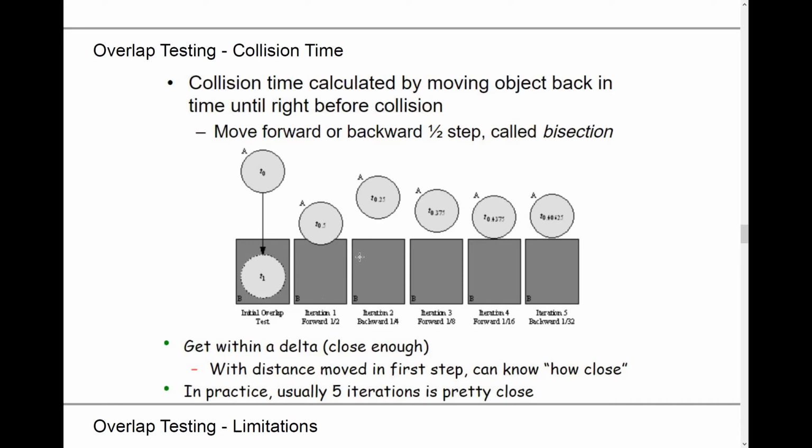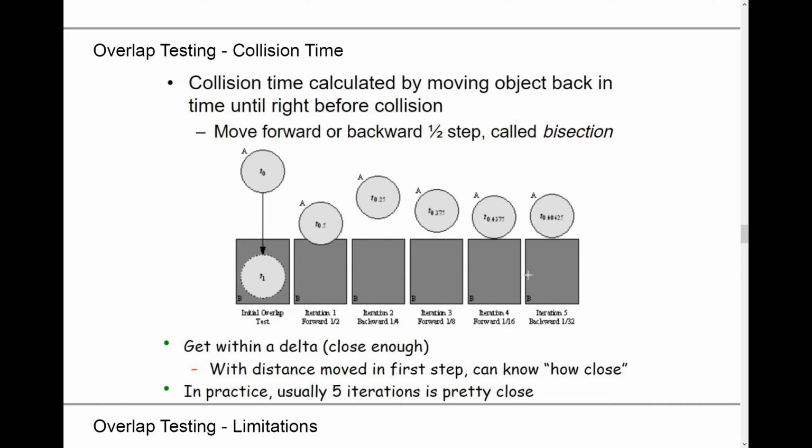Likewise, we go forward and come backwards by half a step each time. Each time we take a bisection, and somehow we come close enough. We get within the delta distance, which means close enough to the point which is right before the collision.